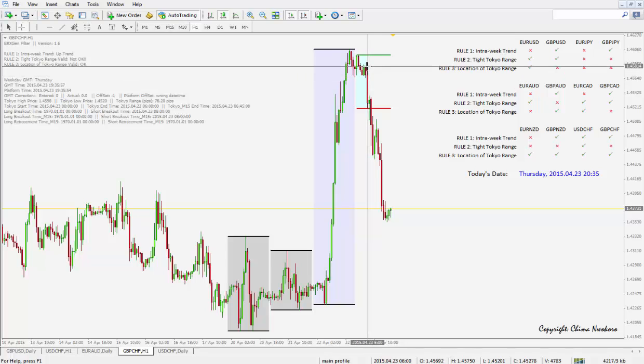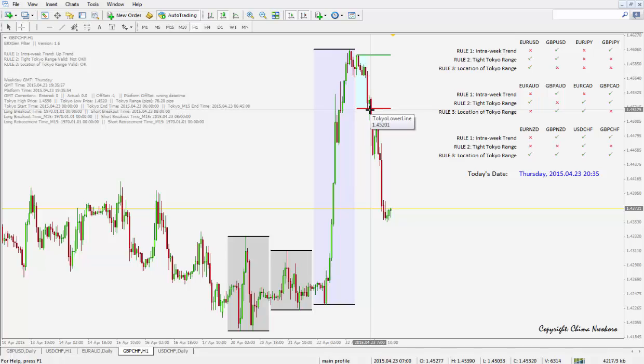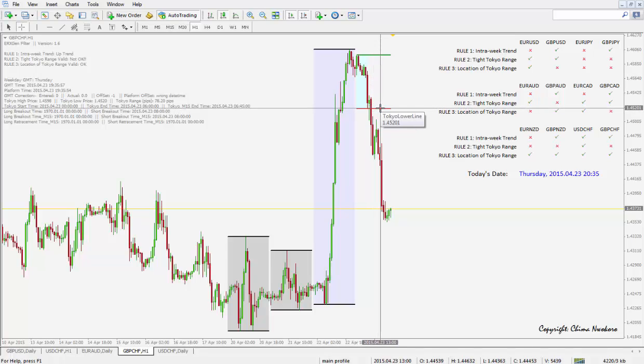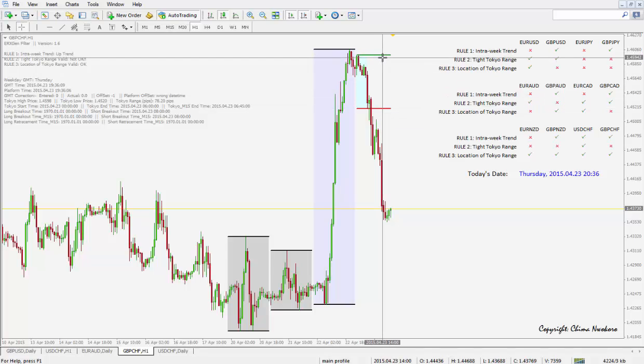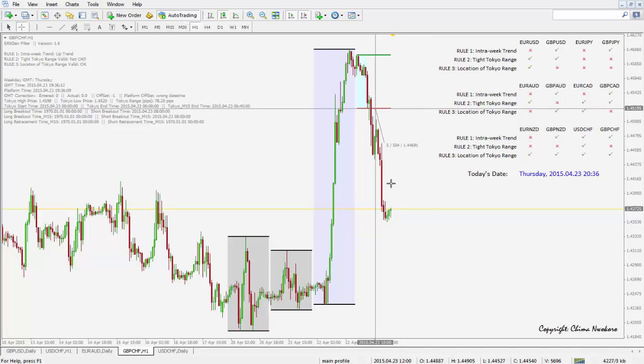But as that candle closed, it closed down, and that meant that the Tokyo range widened, and so it became an invalid setup. Again, we wouldn't have taken this trade, but in this case as well, about 150 pips down move. That would have been very sweet.